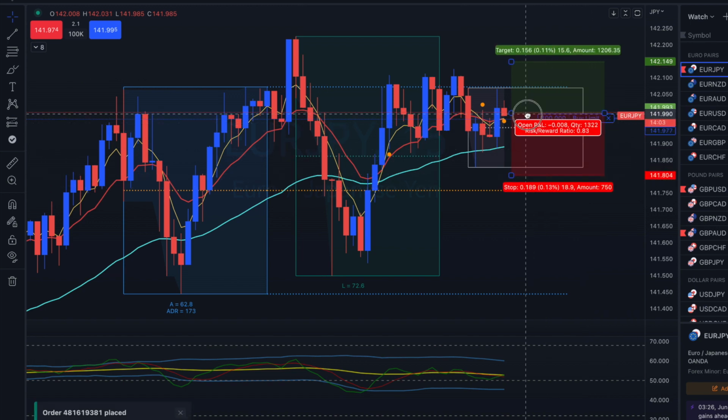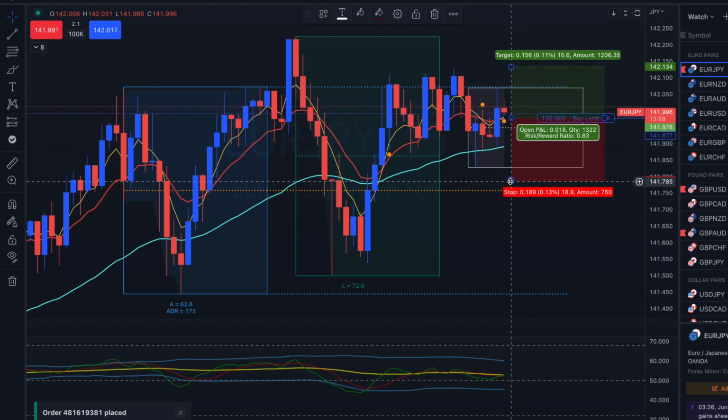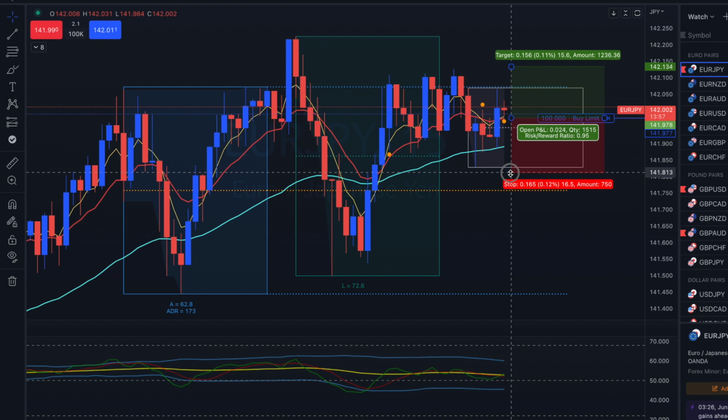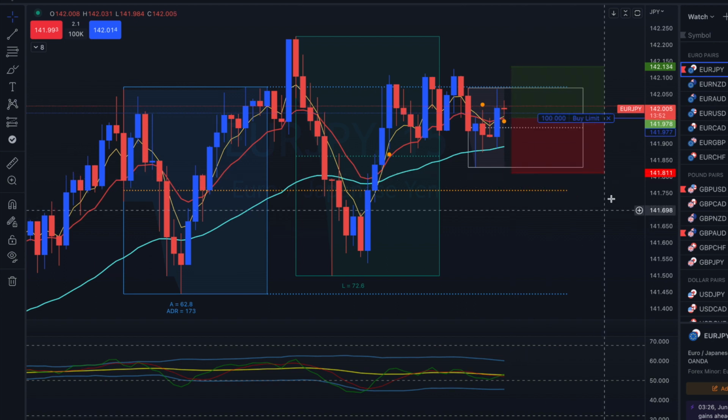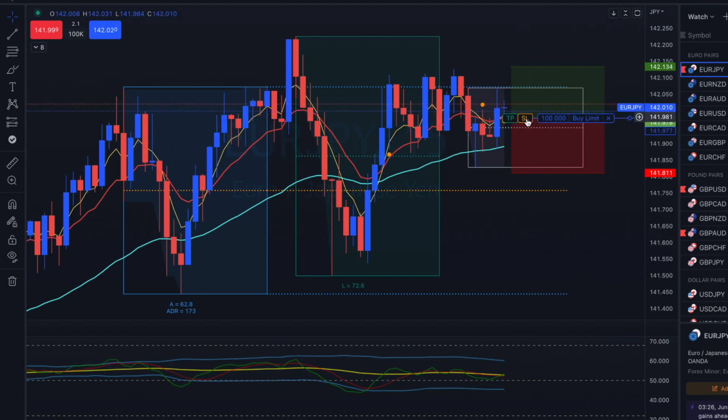Now, if I were to get that, I could do something like this. And you see what I mean? Even literally just missed it by a couple of pips, if that.